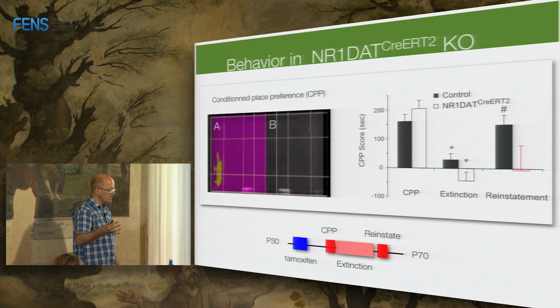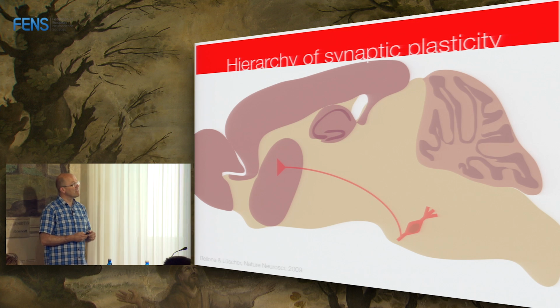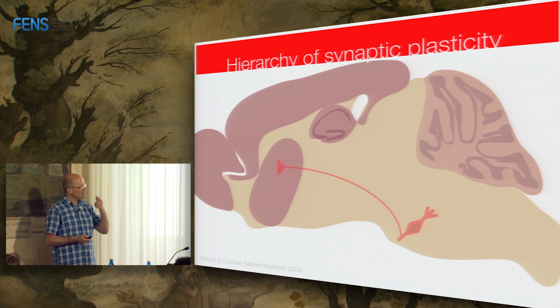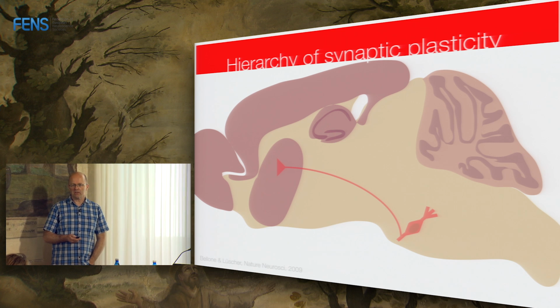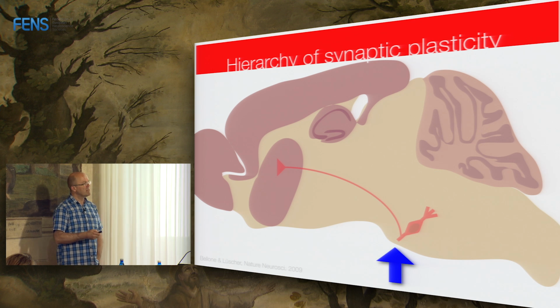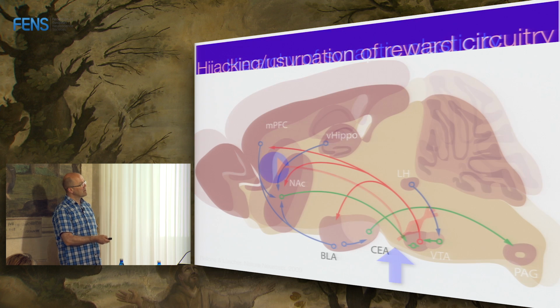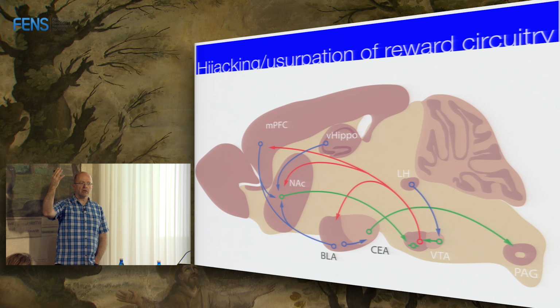And so we didn't really know what to do until we realized that maybe this has something to do with a hierarchical organization of synaptic plasticity. Owing to the fact that we are not really inducing plasticity, but metaplasticity, the idea was that maybe what we do here will only have repercussion if it's relayed to the upstream targets, such as the nucleus accumbens.